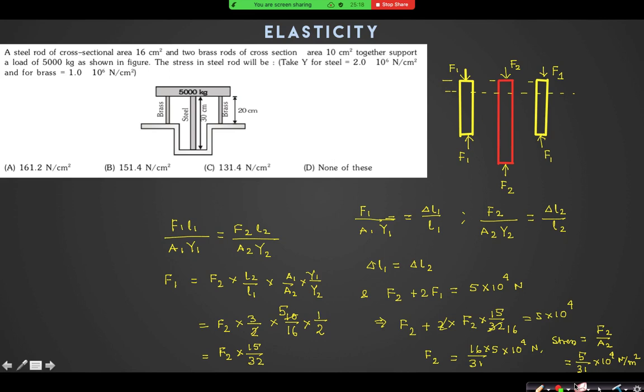Approximately, 5 by 31 can be approximated to 1 by 6, so I think option A should be your correct choice. These other points will not be there, so this will be your correct answer.